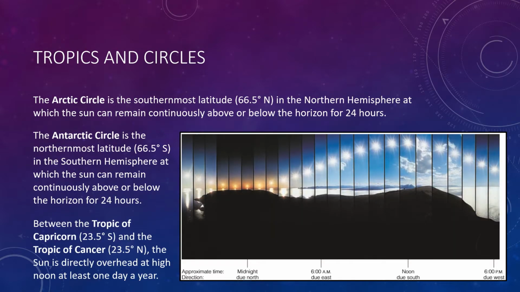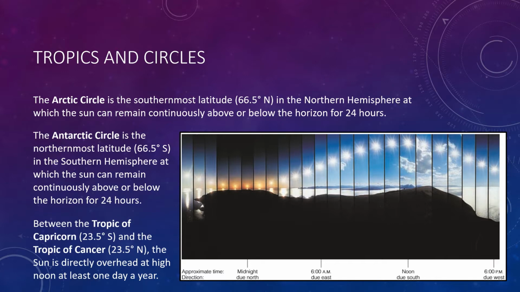All right, so the closer you get to the North Pole, the shorter the winter days and the longer the winter nights. In fact, anywhere within 23.5 degrees of the North Pole, the sun is below the horizon for 24 continuous hours at least one day of the year.